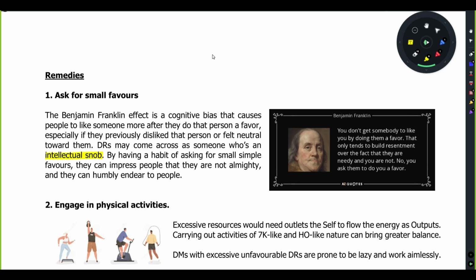Direct resource people can be very helpful. But they themselves don't like to ask for help. So they feel that they should be the one giving and not receiving.